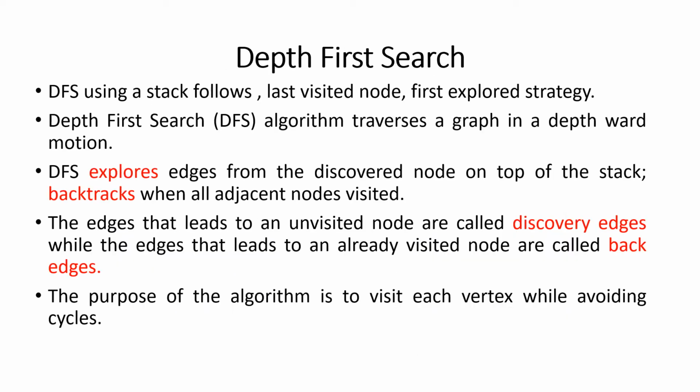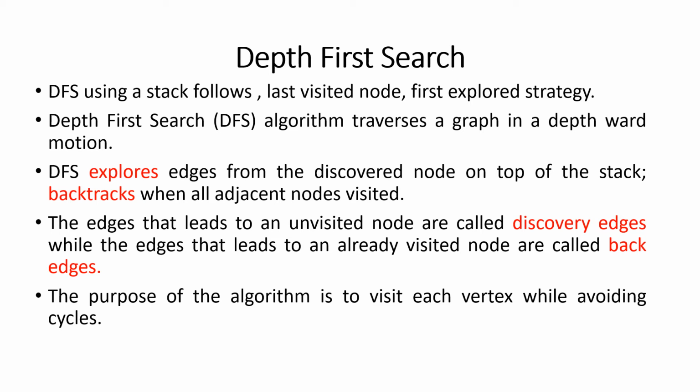Depth first search. DFS using a stack follows the last visited node first explored strategy. The depth first search algorithm traverses a graph in a depthward motion. DFS explores all the edges from the discovered node which is on top of the stack, and then backtracks from the top node on exploring all the adjacent nodes.